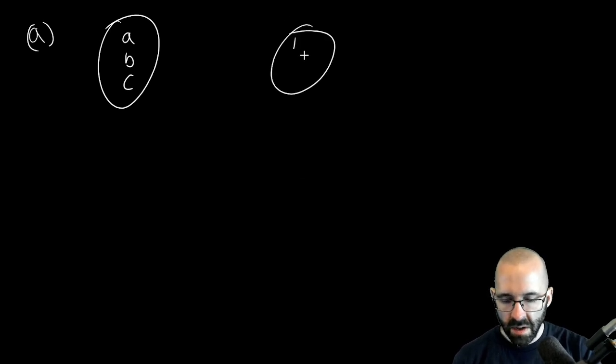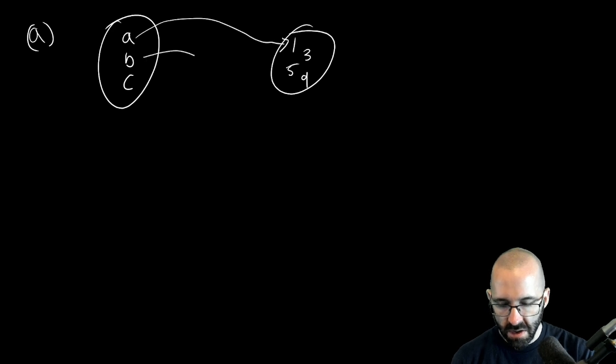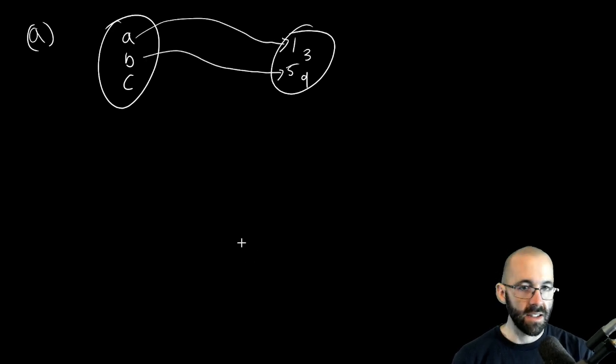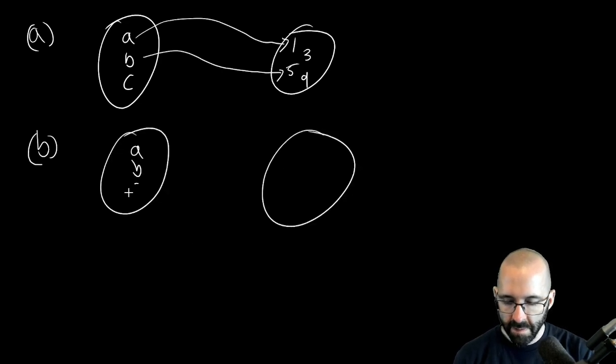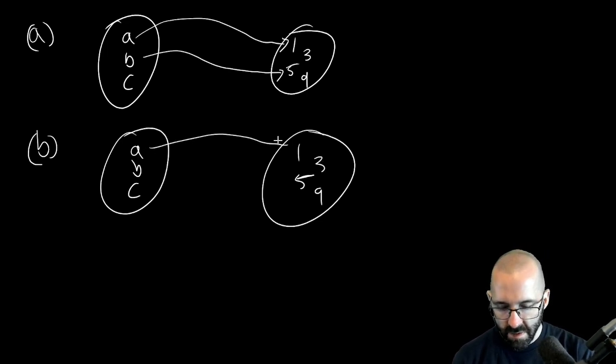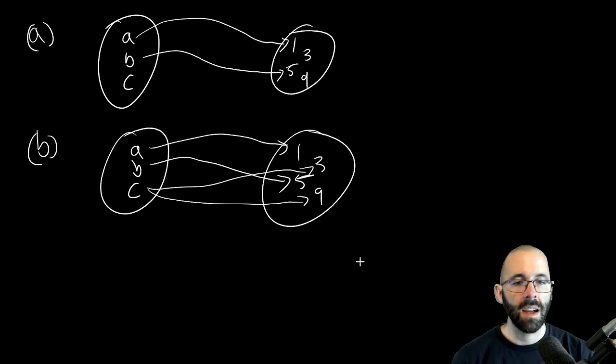The numbers 1, 3, 5, and 9 in the codomain. And then A goes to the number 1, and B goes to the number 5. Is this a function? Set B has the same domain, same codomain. 1, 3, 5, 9. Here, we have A goes to 1, we have B goes to 5, and C is going to 3 and 9.